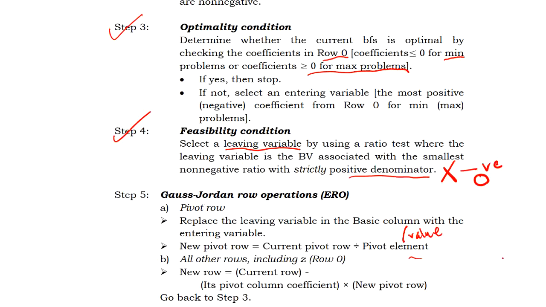So for all other rows, including row 0 or row Z, the formula is new row equals to current row minus its pivot column coefficient multiplied by new pivot row. And then we go back to step 3 to check whether the new Tableau is already optimal or not.